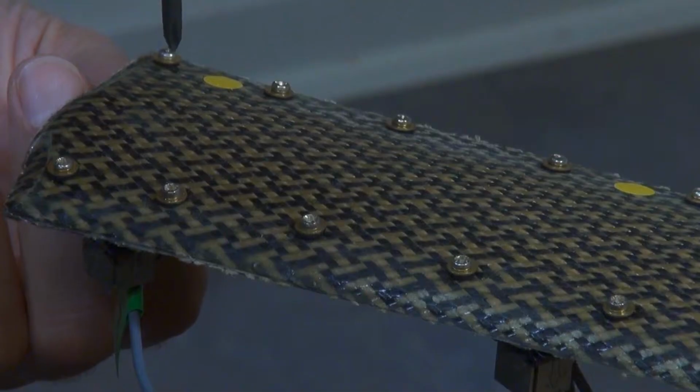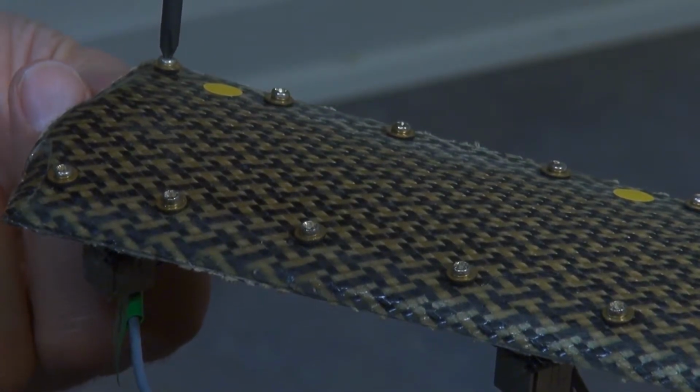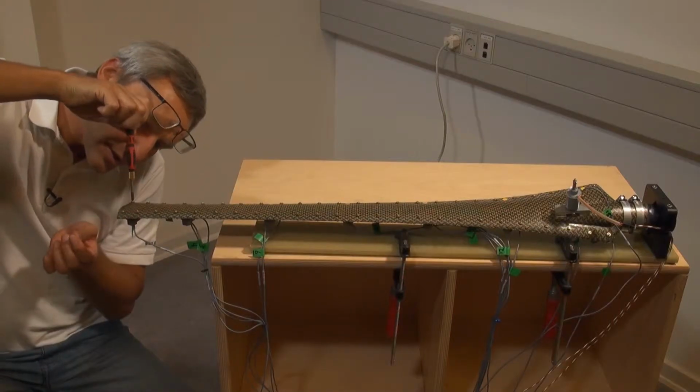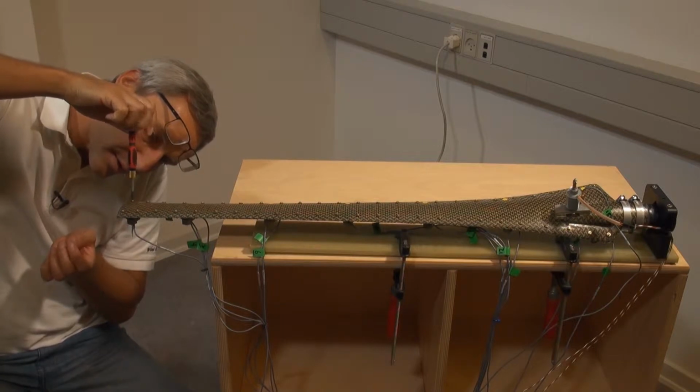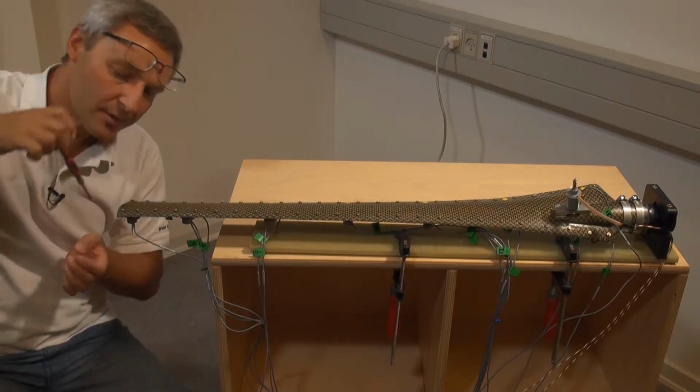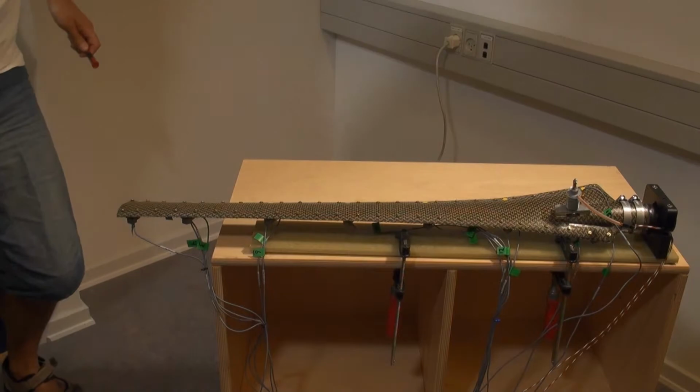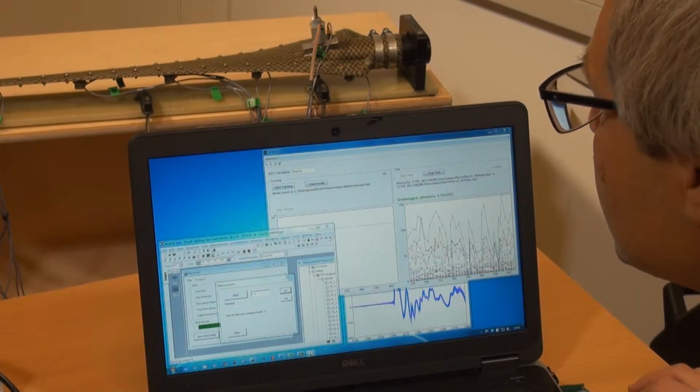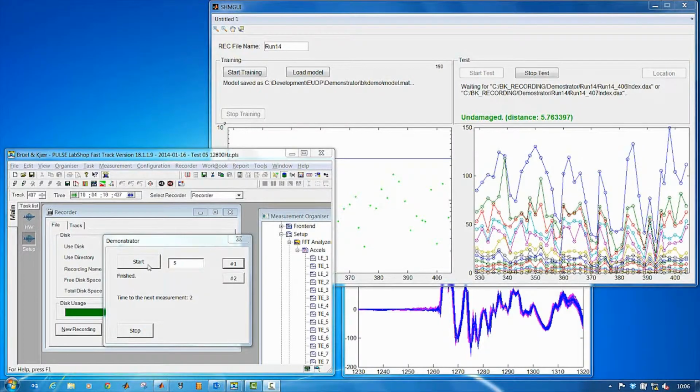Unbolting the first bolt on the trailing edge closest to the tip. Let's start the system and see if this damage will be detected.